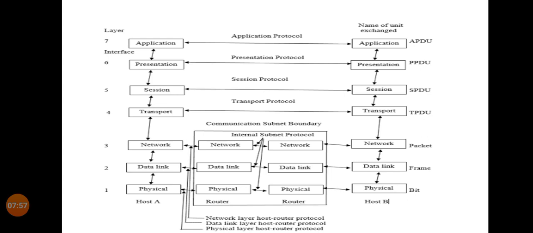You can't swap any layers, because they are hierarchically defined based on their work. Always write the first layer as physical, the second as data link, the third as network, then transport, then session, then presentation, then application. So better you remember these layers sequentially.